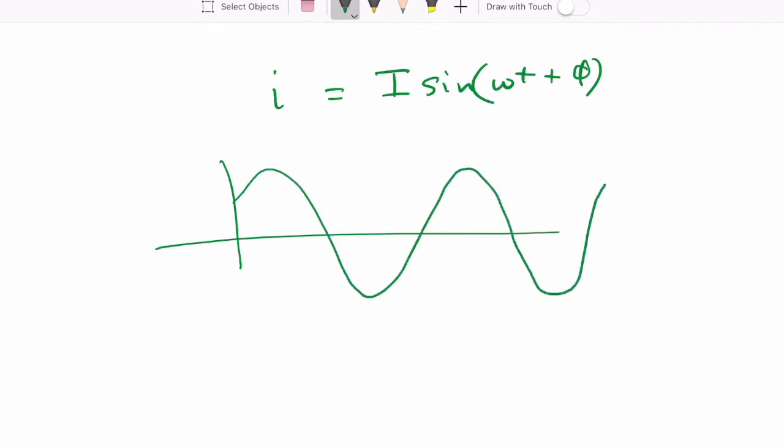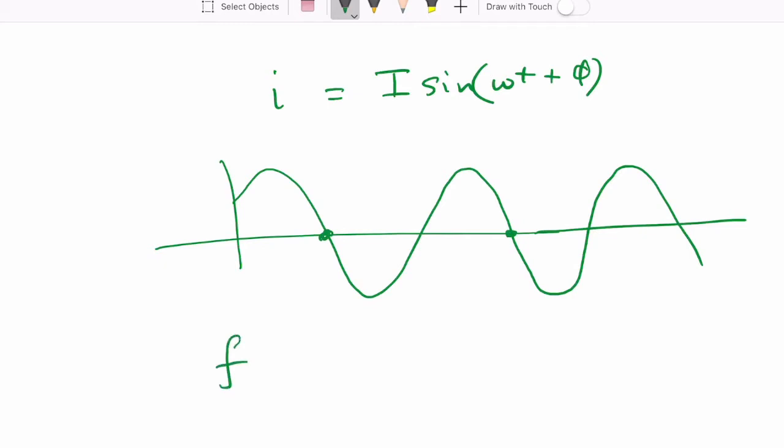What is the average value of this over a complete period? A period would be something like this. So what is the average value of a sinusoidal function over one complete period? As you remember from elementary calculus, the average would just be 0. Now, how do you find the average of a function?